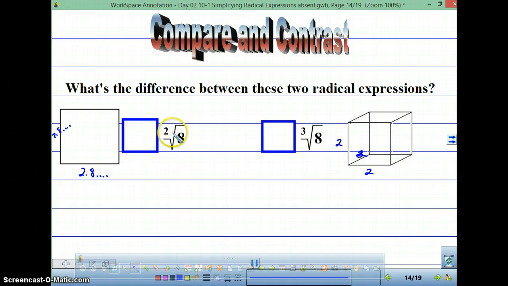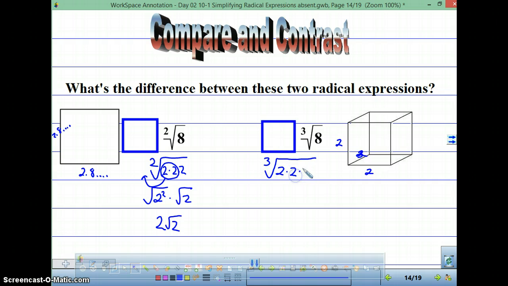So watch this. Over here, we wrote this as the square root of 2 times 2 times 2. And to simplify it, we took a pair out. We said that's the same thing as the square root of 2 squared times the square root of 2, which is just 2 root 2. And on this side, we're going to go like this, the cube root of 8.